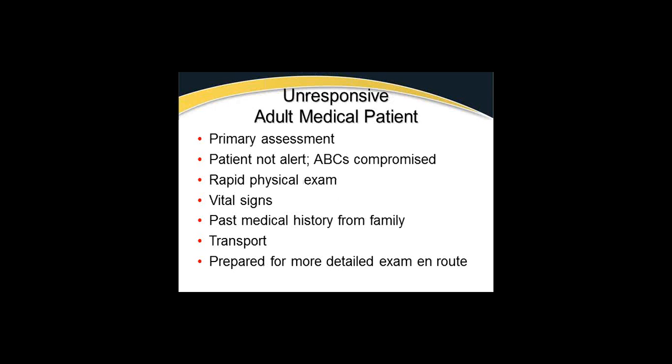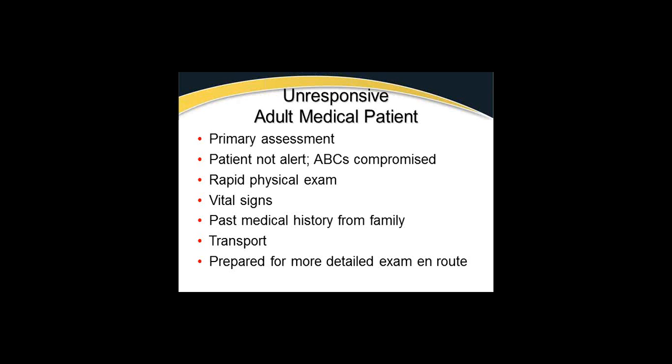The unresponsive adult medical patient, on the other hand, primary assessment, that patient's not alert. Those ABCs can and probably are compromised. We work on fixing those before we move forward. Rapid physical exam, because we need to do that quick once over head to toe because we can't get the specific info from the patient.